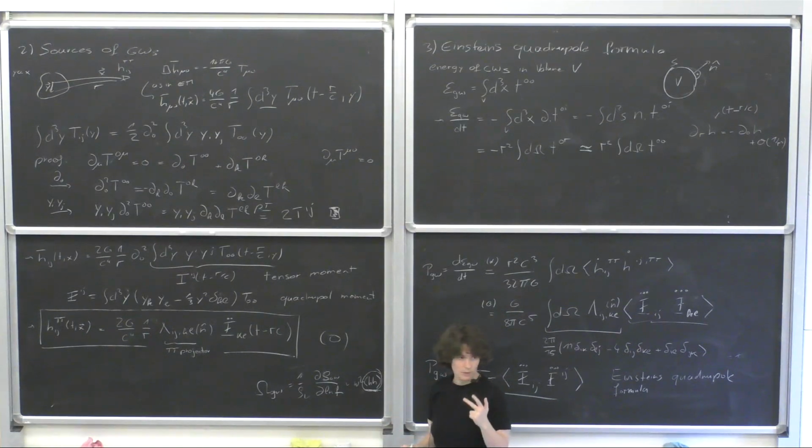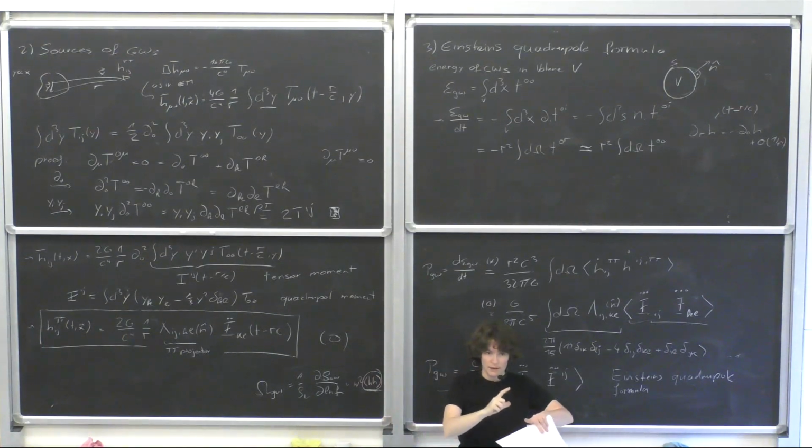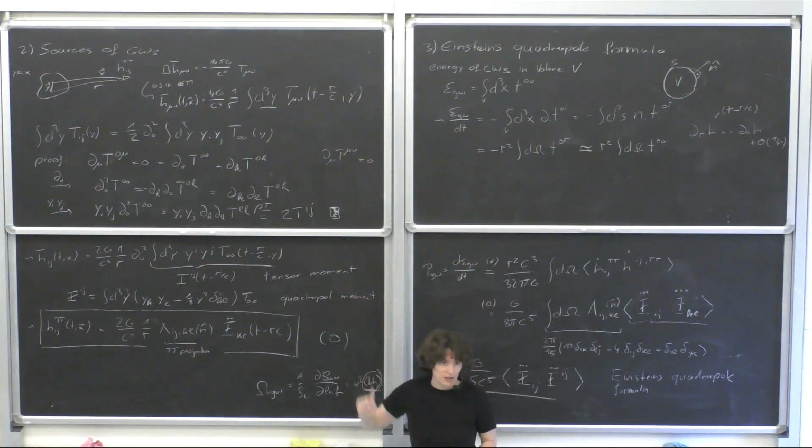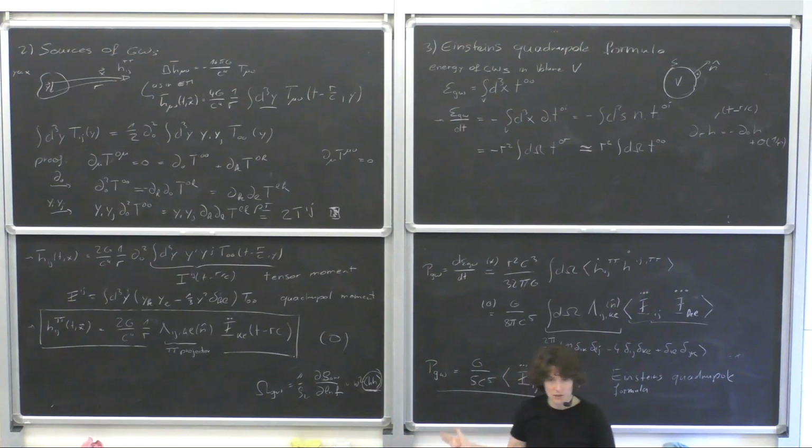And three, we're assuming that the source is non-relativistic. That kind of entered when we wrote down the expression for h bar up there. We're implicitly assuming that the way the source is changing is significantly smaller than the speed of light. So those are the three approximations that went into this derivation.